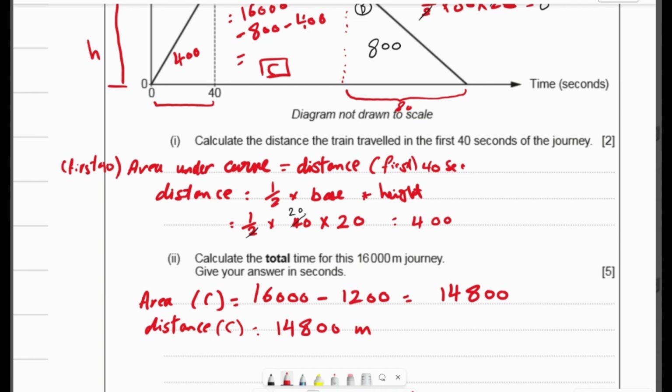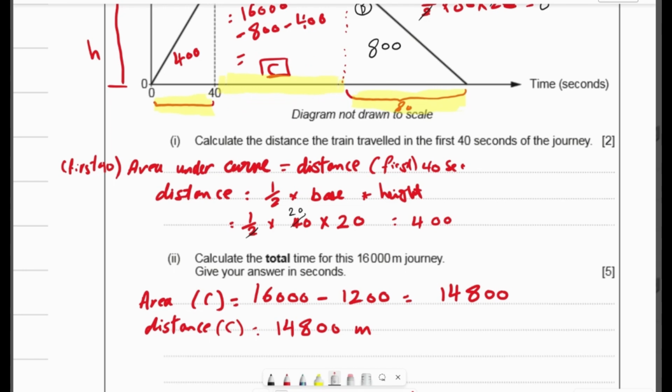So now, how to calculate the total time? If we calculate the time here, then we can add it with this one and the other part. So can we get the time of this one? Yes. How?